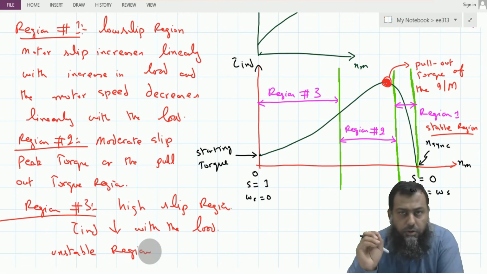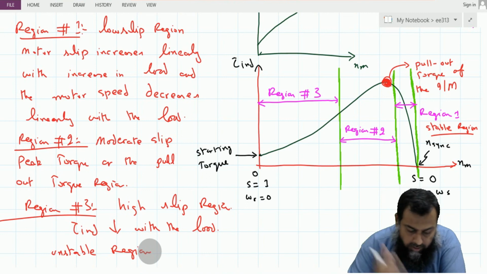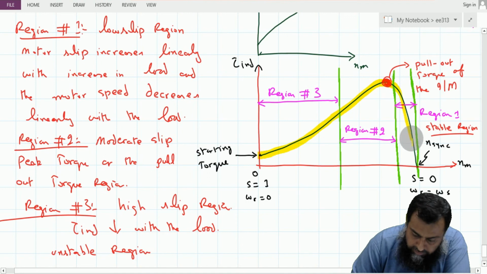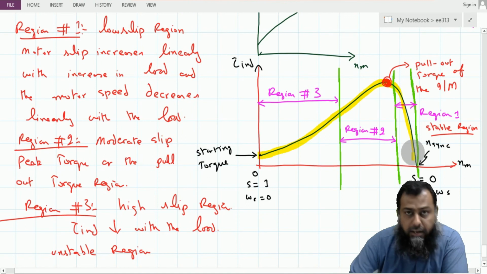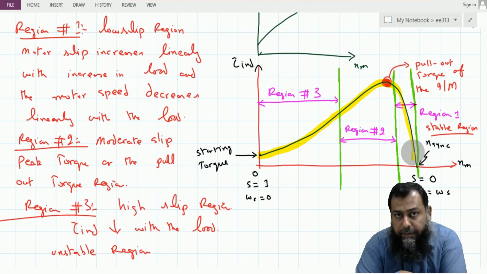Notice that if we have a motor that is standstill and we do not apply any load on the motor, then the motor starts at this particular point and travels all the way along this curve, and it settles down here where it barely fulfills the rotational losses of the machine, and it rotates at a constant speed.